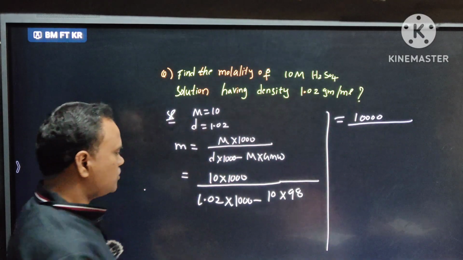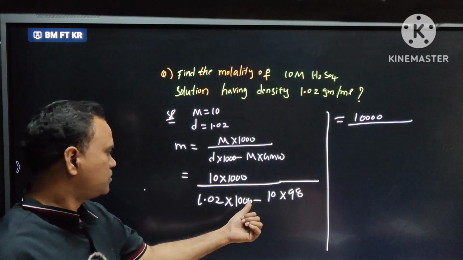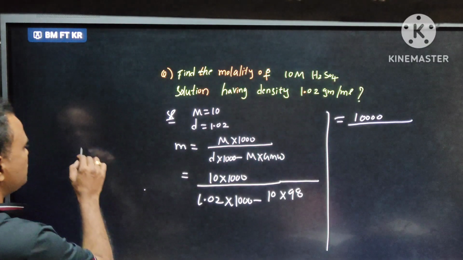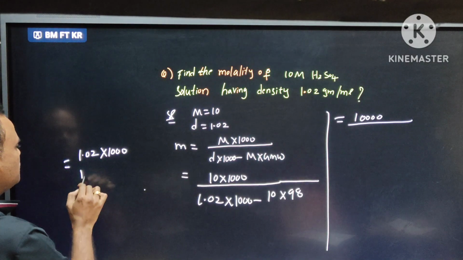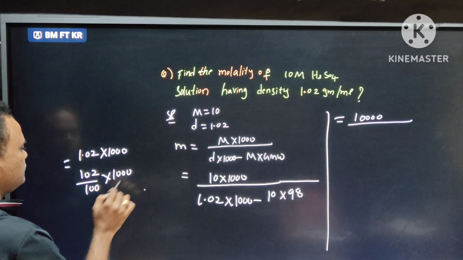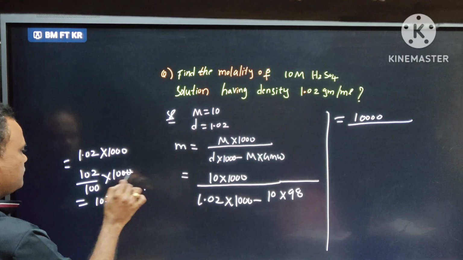Divided by what about this value? Tell me. 1020. How will you get 1020 here? 1.02 into 1000. These two zeros will get cancelled.